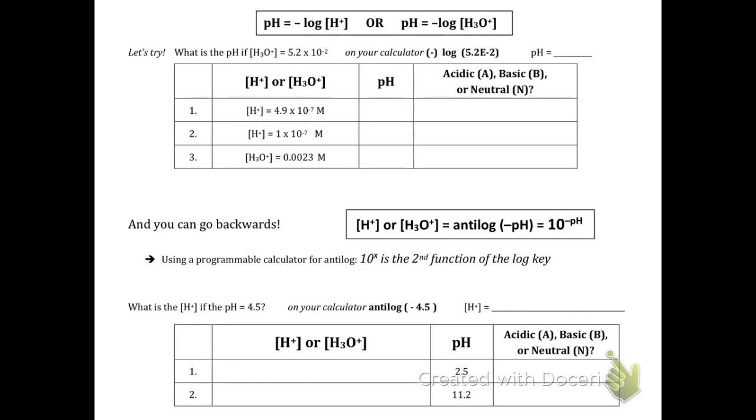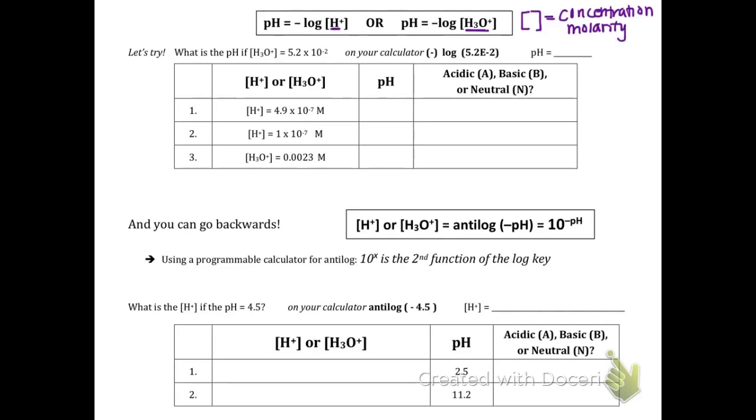They mean exactly the same thing. You should have already learned that this H and this hydronium mean the same thing, so don't be freaked out if you see one or the other. One more time, the reminder that the bracket means concentration, and another word for concentration is molarity.